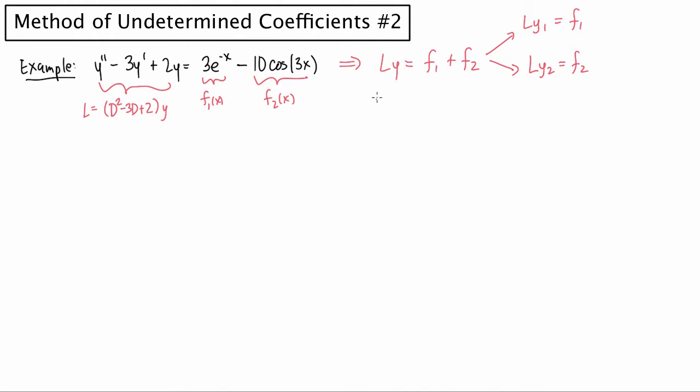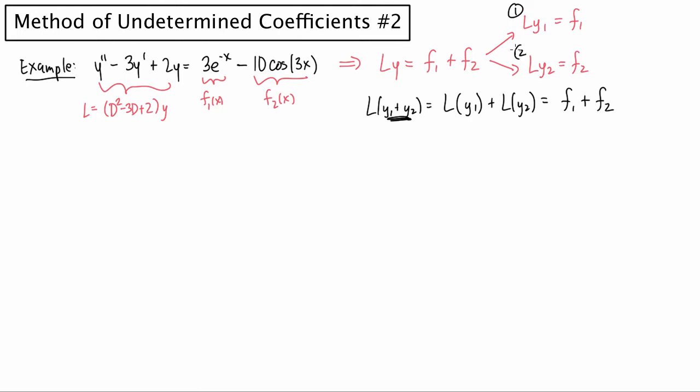It then turns out that if I take L of y1 plus y2, the linearity of the operator will allow me to look at each one separately, and if they equal f1 plus f2, then I know that y1 plus y2, when operated on by L, gives f1 plus f2, which is exactly what we want to see in this case. So that's going to be our strategy. I'm going to have to solve two problems.